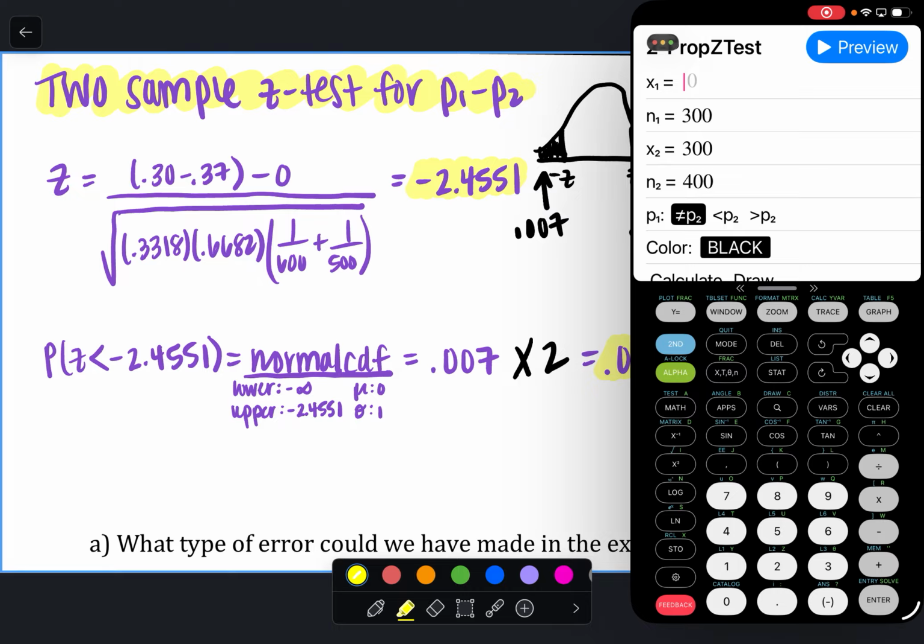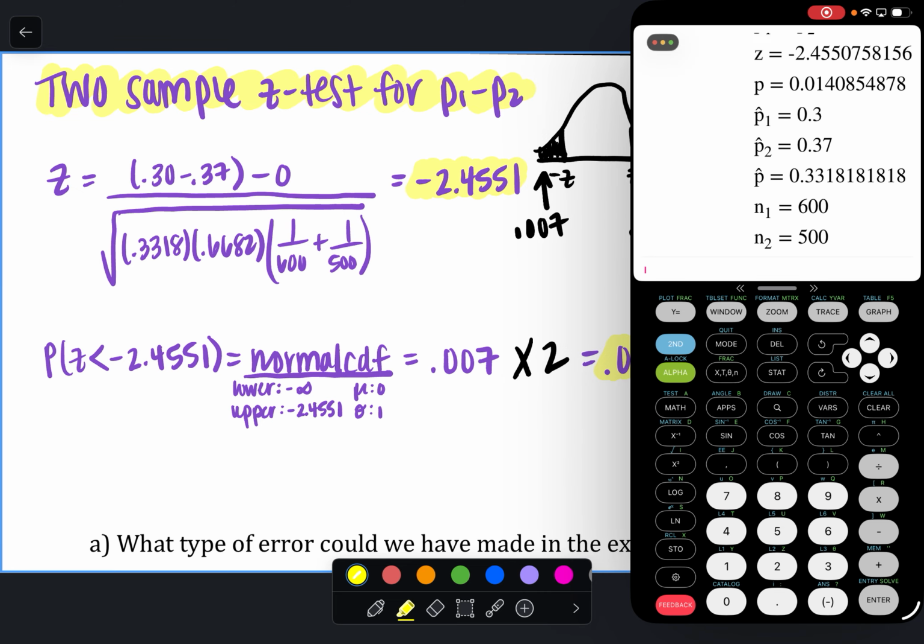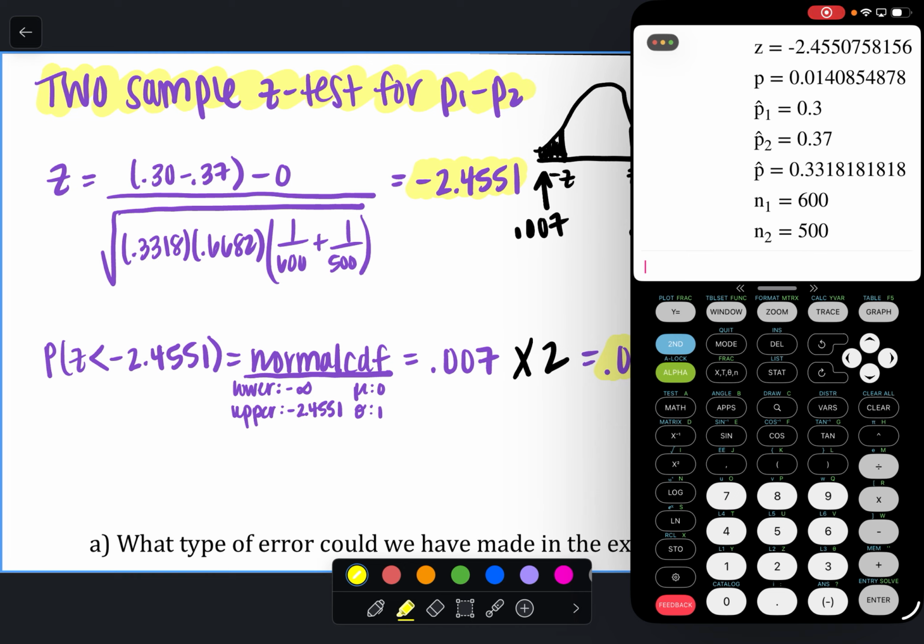We had 180 in our X1, so 180 out of a sample size of 600, and then we had 185 out of 500, and then we want it to be a not equal to, and so then we hit calculate, and you should see a z-score and a p-value that are pretty close, if not exactly what we got.